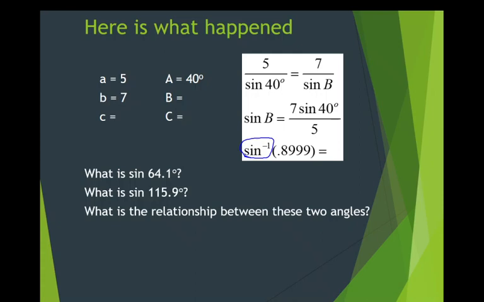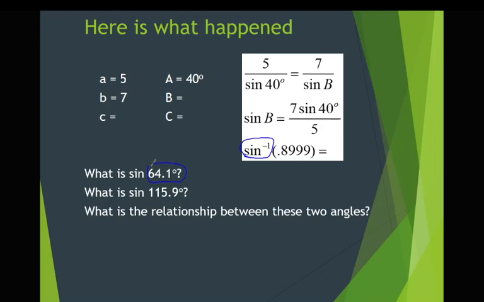So what's happened here is we could have one triangle being this one and one triangle being this one. Now, the calculator will never give you back this value because the arcsine will never give you back anything from the second quadrant. But also, if you notice, if you add up those two angles together, 115.9 and you add 64.1, you get 180 degrees.